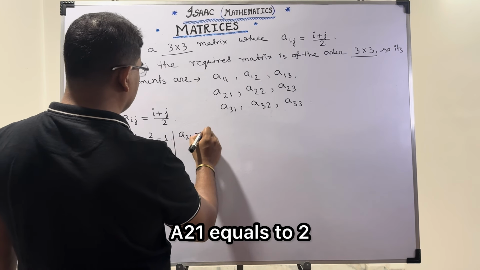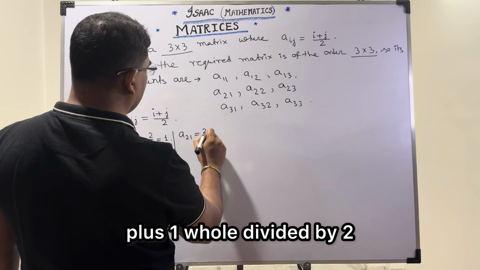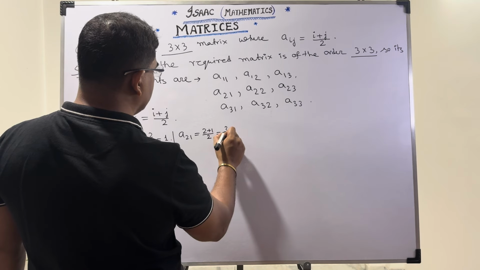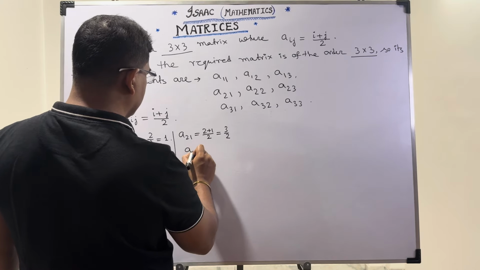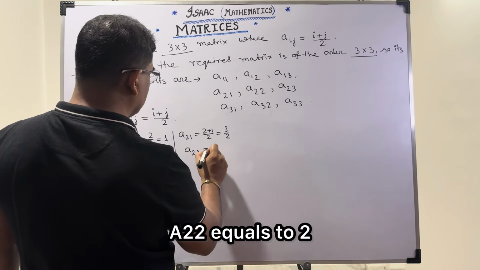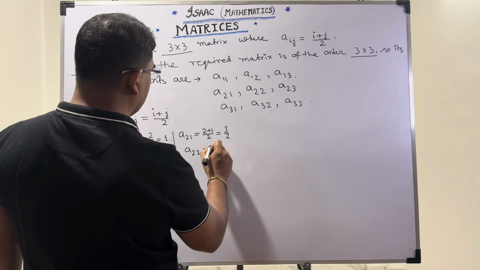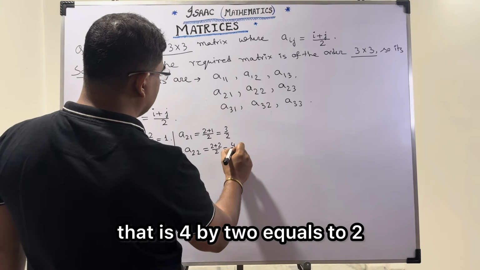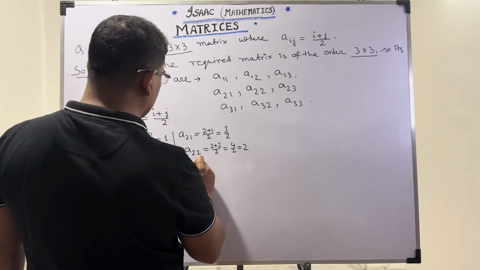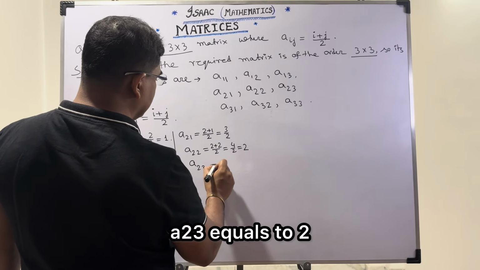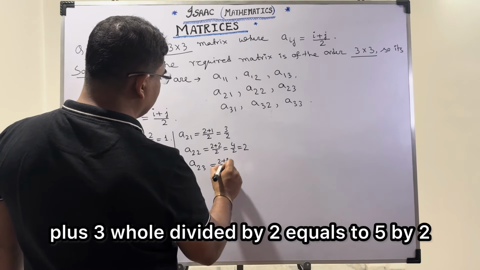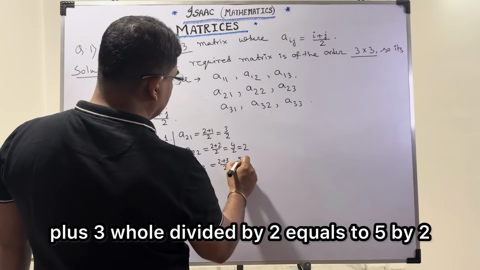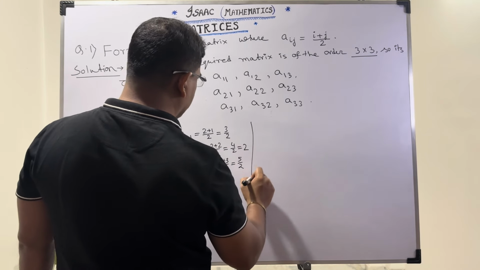A21 equals to (2 plus 1) whole divided by 2 equals to 3 by 2. A22 equals to (2 plus 2) whole divided by 2, that is 4 by 2 equals to 2. A23 equals to (2 plus 3) whole divided by 2 equals to 5 by 2.